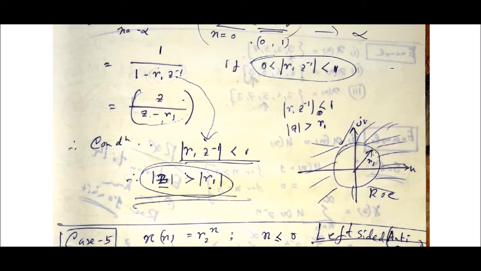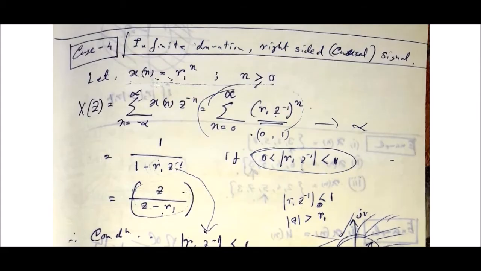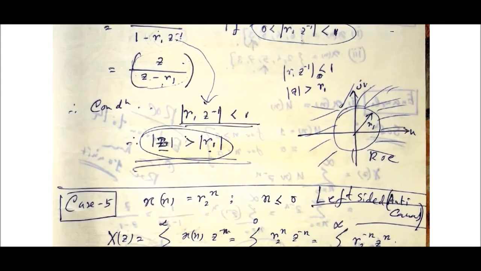First let me draw the circle, magnitude of z equal to R1. This circle is this one, so its radius is R1. But the region of convergence of this particular signal is magnitude of z greater than R1.